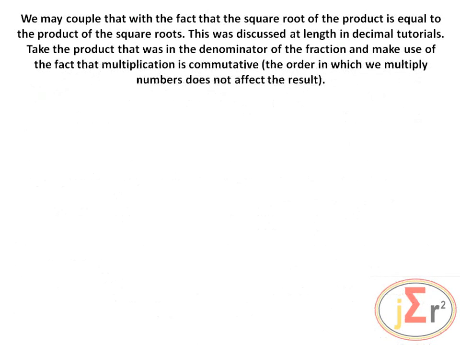We may couple that with the fact that the square root of the product is equal to the product of the square roots. This was discussed at length in decimal tutorials. Take the product that was in the denominator of the fraction and make use of the fact that multiplication is commutative. That is, the order in which we multiply numbers does not affect the result.